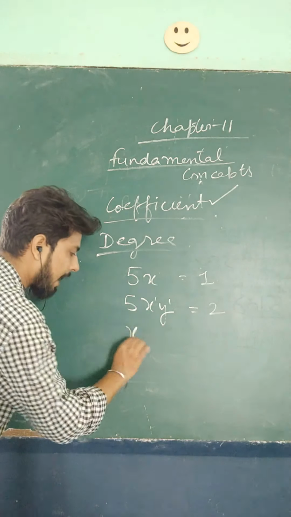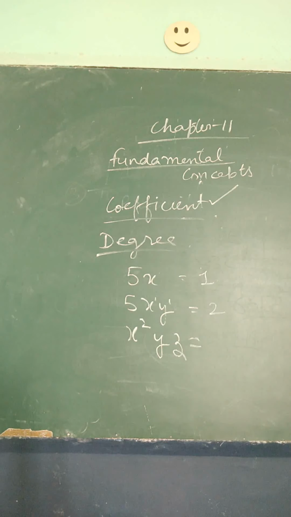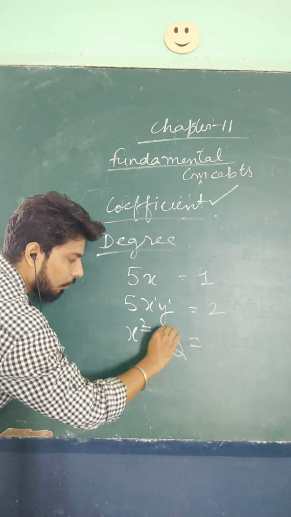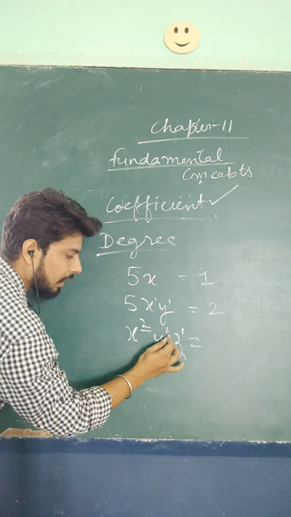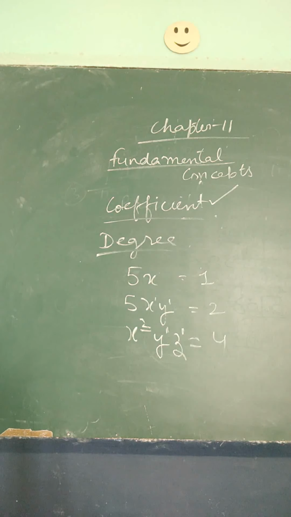Suppose there is another, x square yz. What is the degree of this monomial? x is raised to the power 2, and the others are 1 and 1. So 2 plus 1 is 3, 3 plus 1 is 4. So the degree of this monomial is 4.